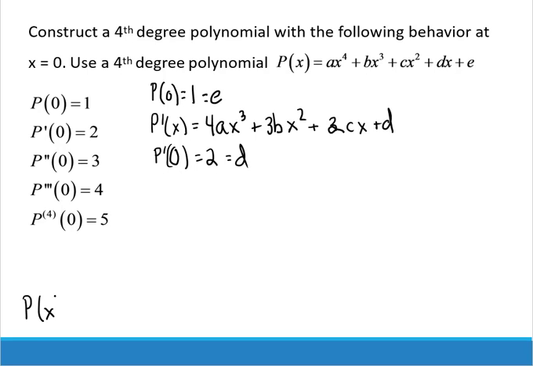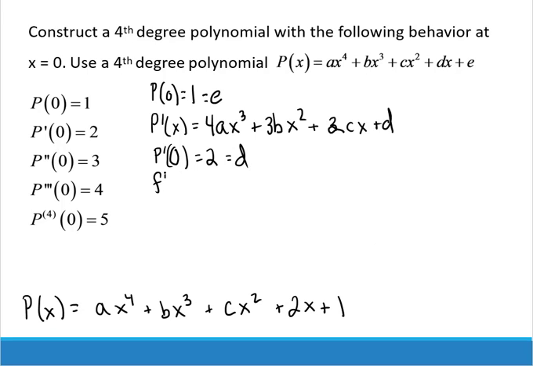So again, I'm building this polynomial down here: ax to the fourth plus bx to the third plus cx squared plus my d and my e. We're going to continue building on this.